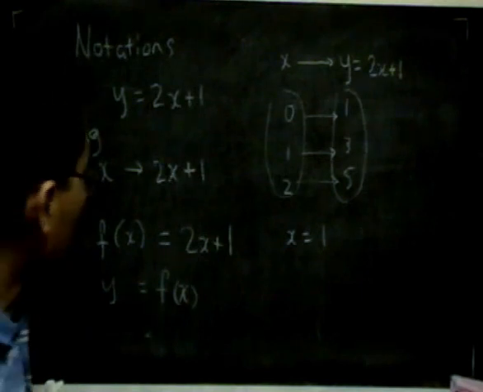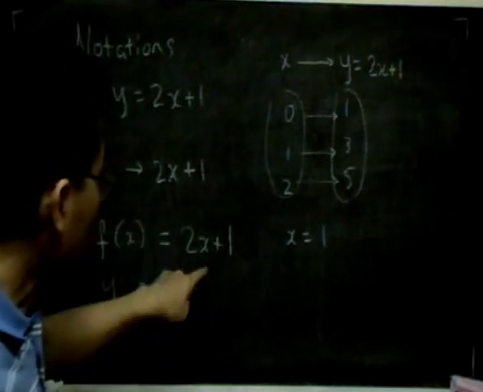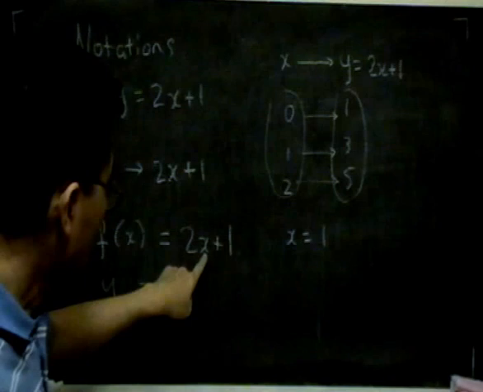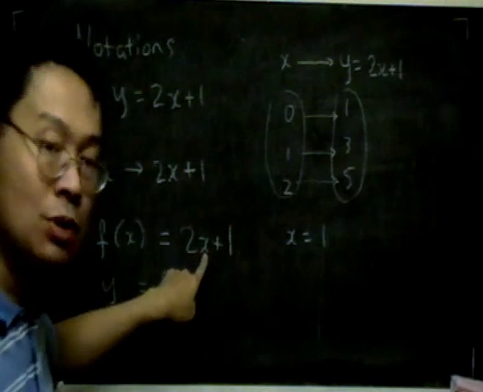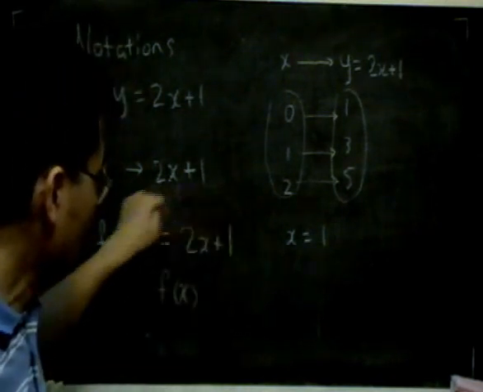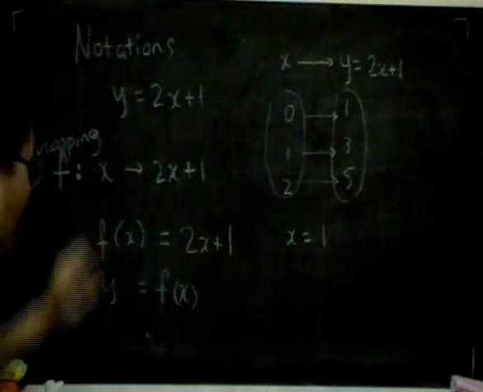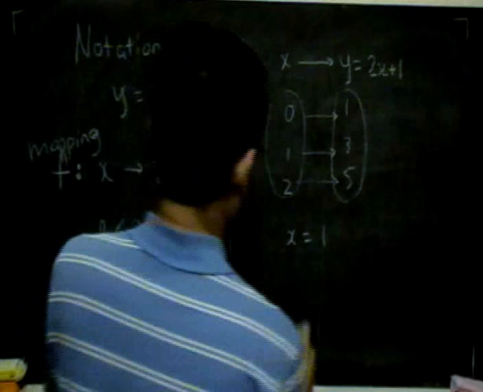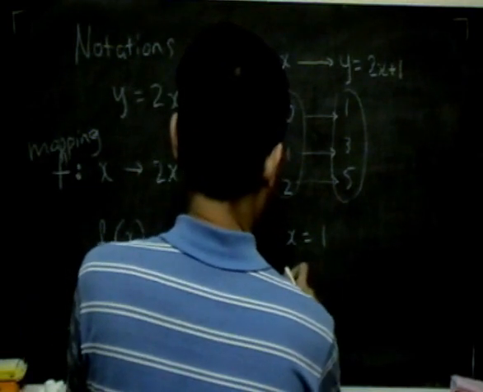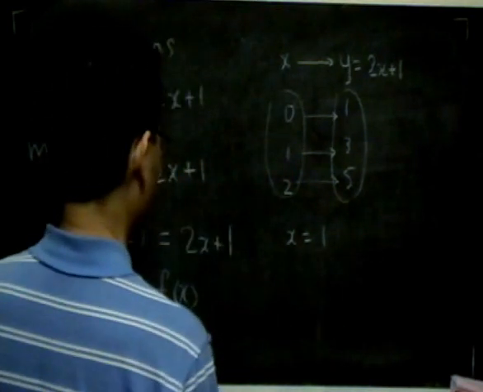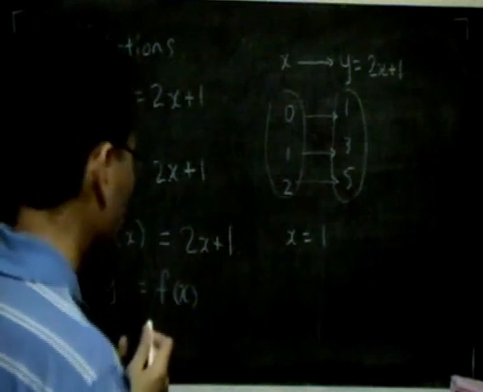Well, we know how to do that. We just have to substitute the value of x equals 1 into this expression and calculate it. Now, what is useful about this notation is that, let me just say this first.